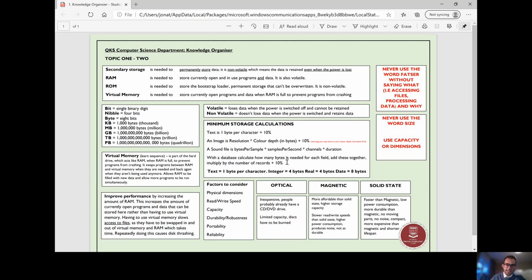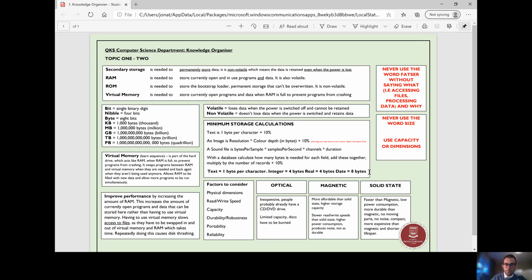So it might say a text file of 8 characters, a number and a date. So you do the 8 bytes plus the 4 bytes plus the 8 bytes for a date, and then you've got what it is for one record. Okay, so a text again is 1 byte per character if it's a text field. Integers take 4 bytes, real numbers take 4 bytes, and a date takes 8 bytes.